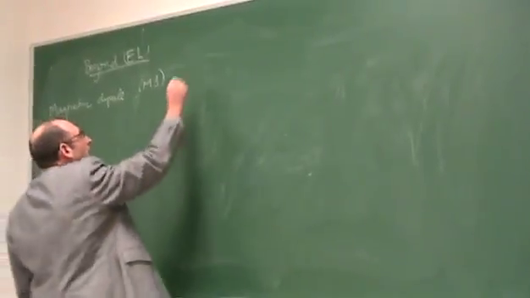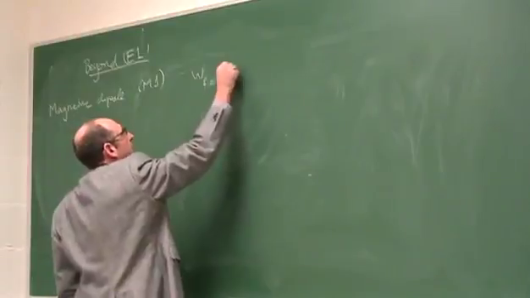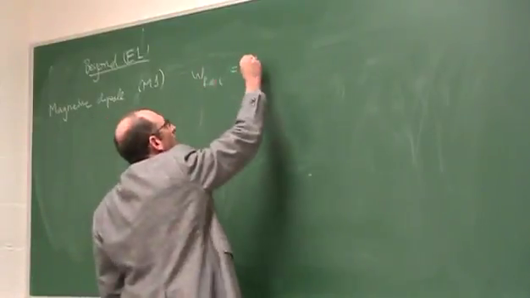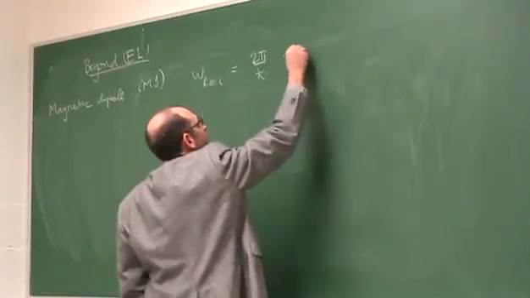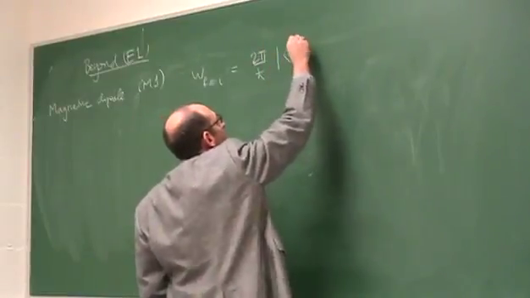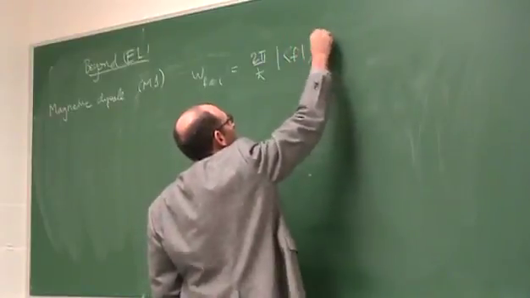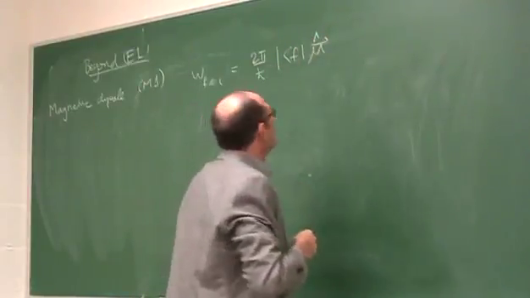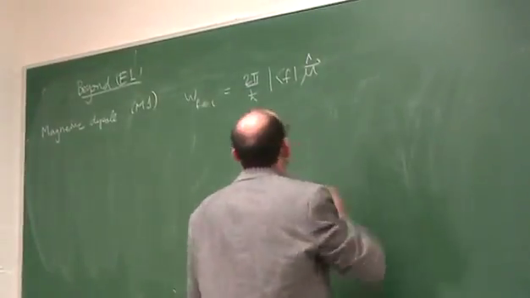So, again, our transition rate here, according to our Fermi golden rule, now is electrons, well, it might be a small nuclear effect, but that's a tiny part of this.